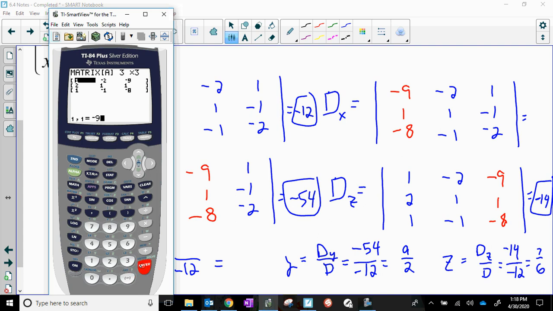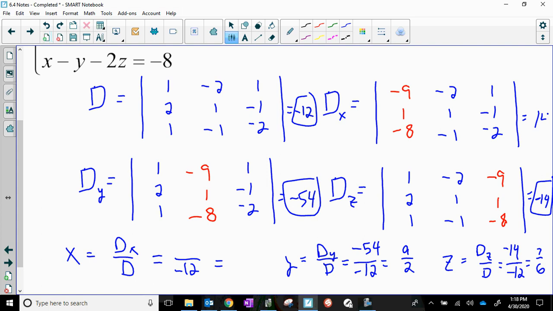And we rewrite it, -9, 1, 1, -1, -8, -1, -2. And it'll find the determinant, which is +14. So we put a +14 divided by a -12, which will be a negative. It's still the same fraction as z, just opposite, -7/6.